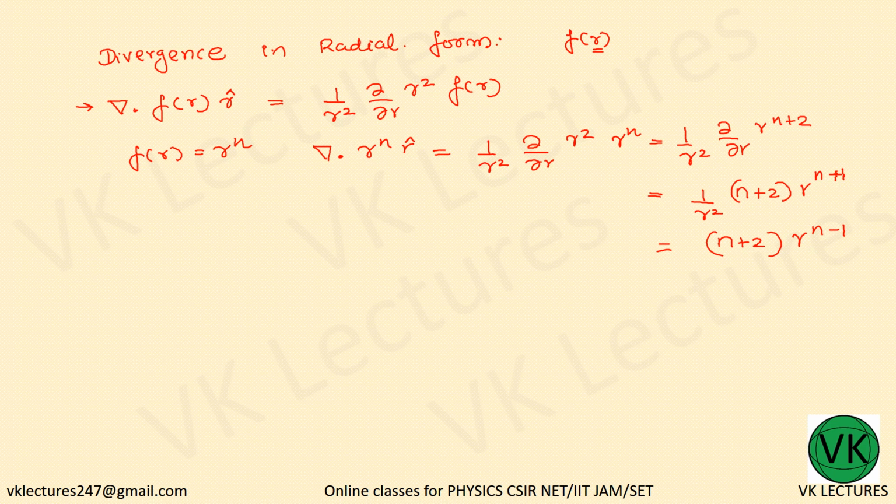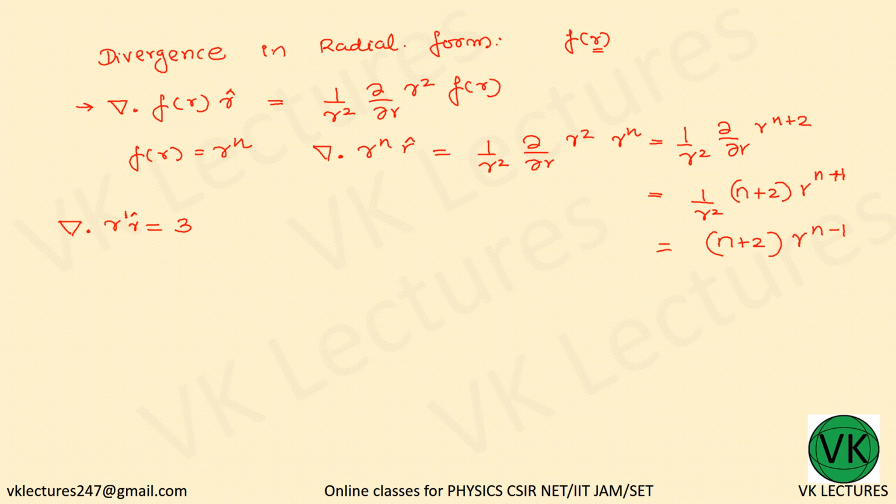Now similarly, let us see for other functions of r, like the divergence of r, which is equal to divergence of r into r cap, is equal to 3. You just need to apply this. Here n equal to 1, so n plus 2 is 3, r to the power n minus 1 is 1, so del dot r is 3.